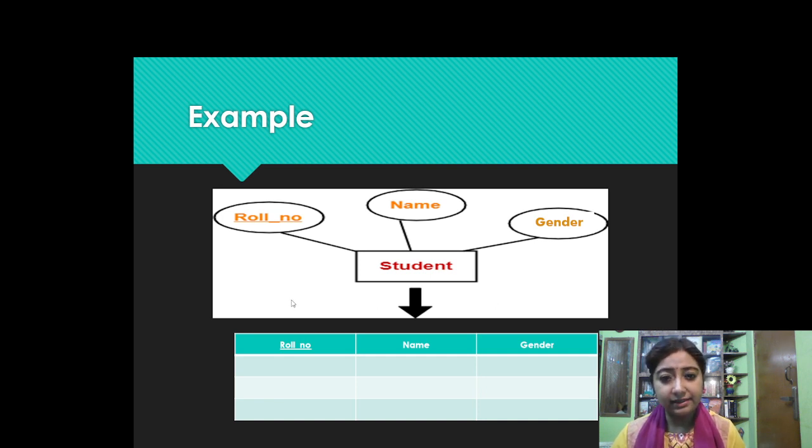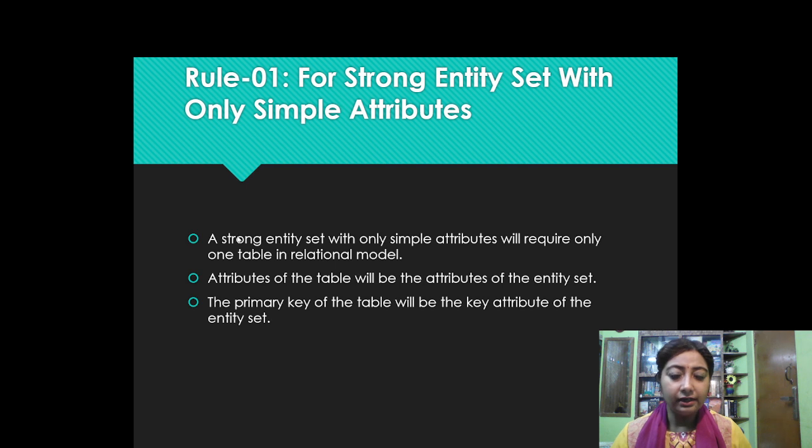When we apply this rule over this example, we can make a table of student, where we have these three attributes as three fields directly: roll number, name, and gender. This is the student table. Again, a strong entity set with only simple attributes will require only one table in the relational model.